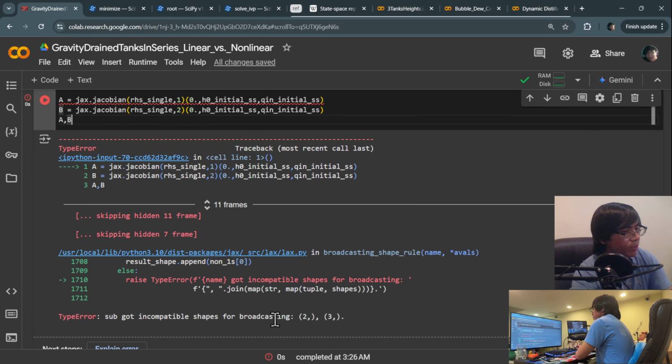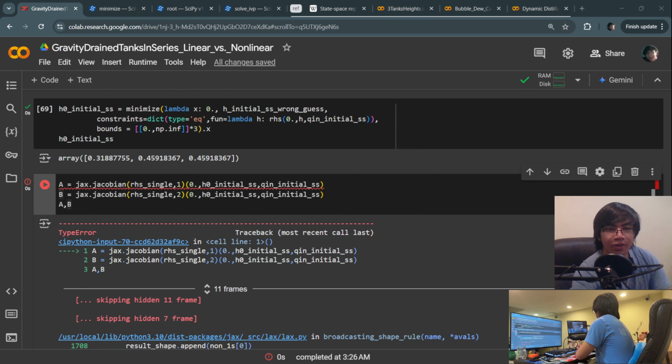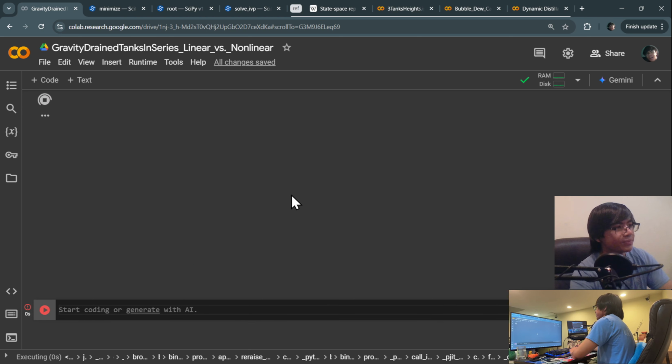I've got incompatible shapes for block 2 and 3, coming from the first line. All right, I'll pause here and try to fix this. Found it pretty quick. It's not the right hand side single. Remember, we changed it to just the right hand side. So gotta remember when you're copy pasting, other things change.